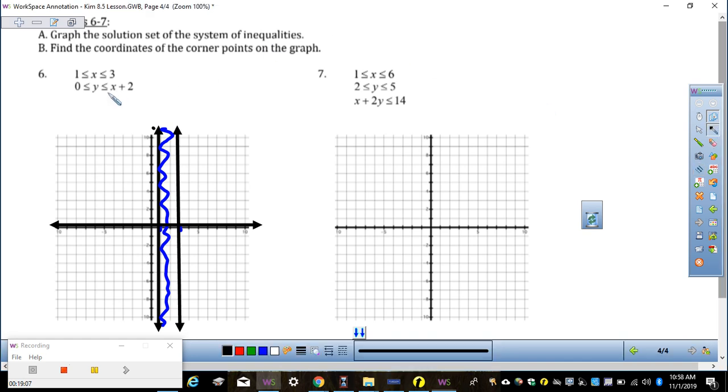So really, we only have one linear inequality that we kind of have to think about and do a test point for, and that is y is less than or equal to x plus 2. Same thing we've been practicing. I'm going to start at 2, slope of 1. And we're going to see those nice intersection points.